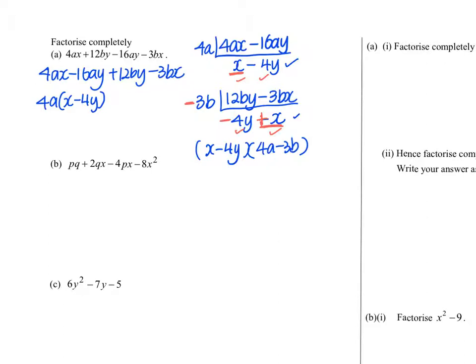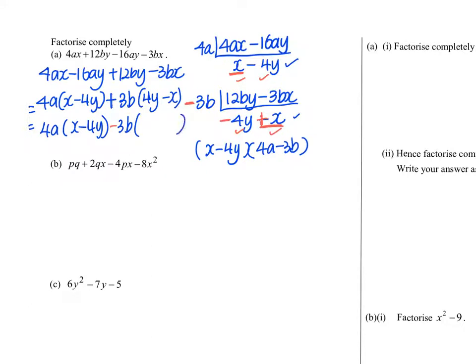Okay, there are some students who actually write brackets like this. This is not correct. Please don't do that. Okay, now then I continue over here. This one will be plus, I factorize out 3b, and then this is 4y minus x. So now I'm going to change the sign for x minus 4y. I'm going to change it to minus 3b.